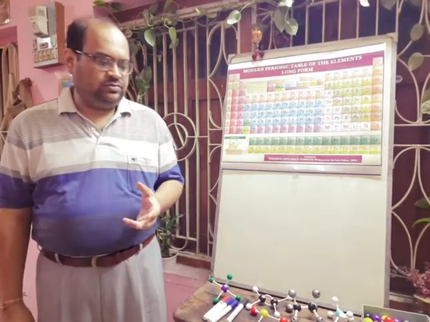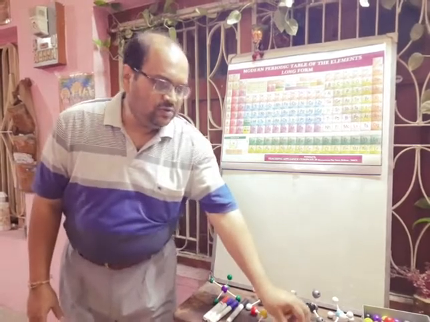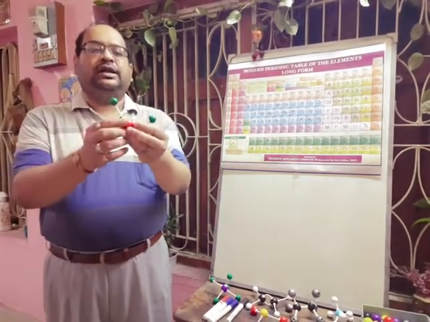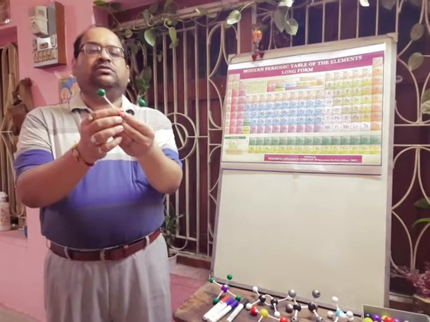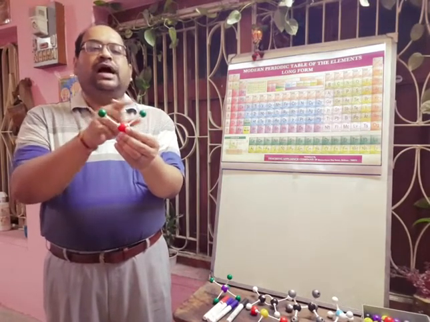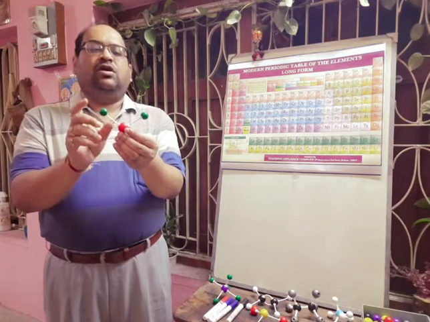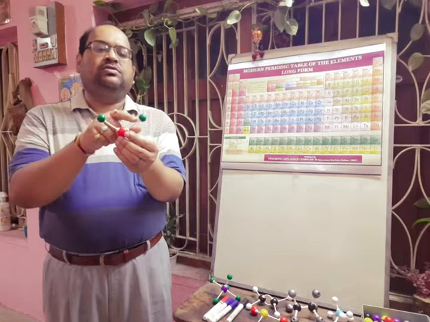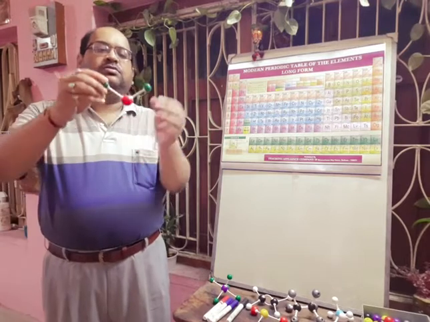That will be 2. Here I can show you one model. Suppose this one is the water model. The red ball is the oxygen atom, and these two green ones are hydrogen, and this oxygen is attached to the hydrogen with a single bond. Here also one single bond is there. Hope you will be able to understand.